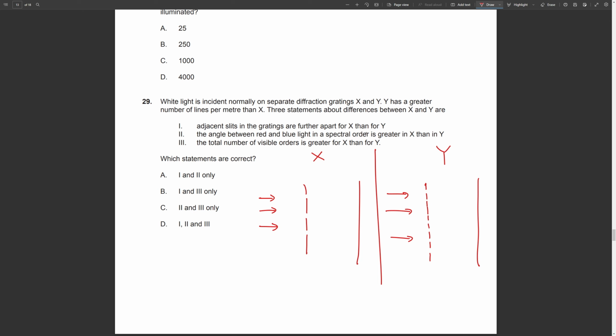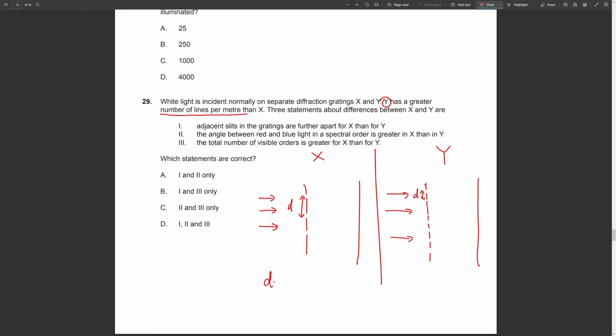Question 29. There are two different diffraction gratings, and their difference is that one of them, Y, has more lines per meter than X, which means it's just like my drawing here. There are denser slits on diffraction grating Y, and the distance between the slits is denoted as small d. The distance between the slits on X is greater.